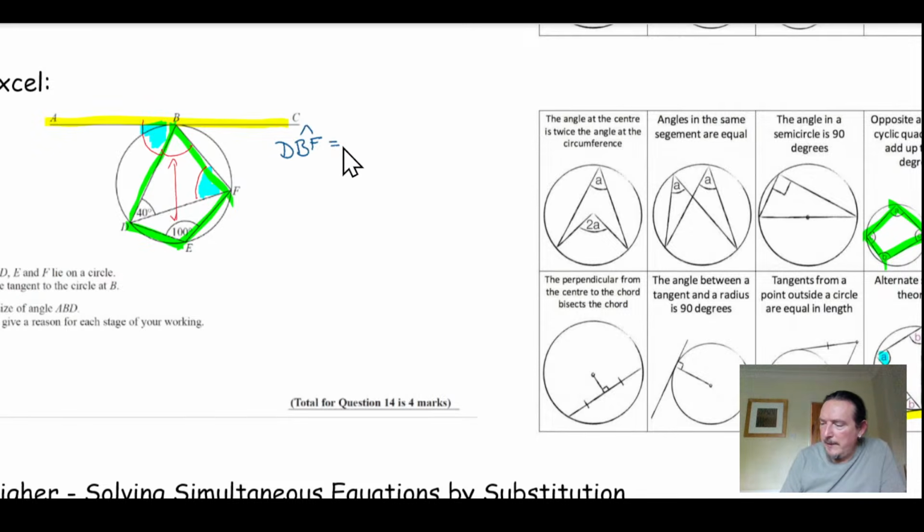So angle DBF, which is that angle up there, is going to be equal to 180 minus 100, which is 80. I need to give a reason for that, and that's because it's in a cyclic quadrilateral.